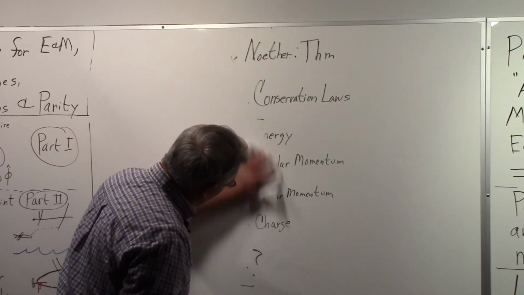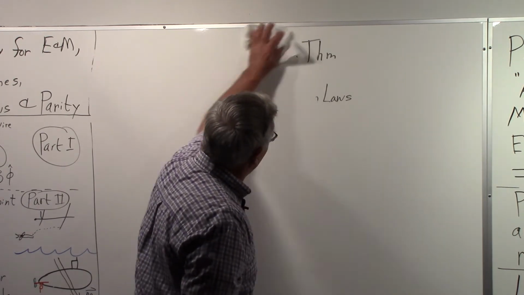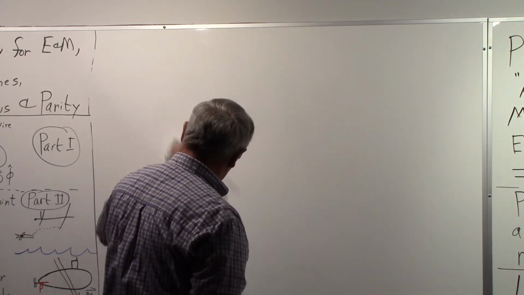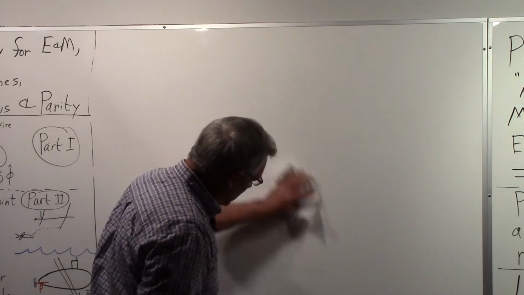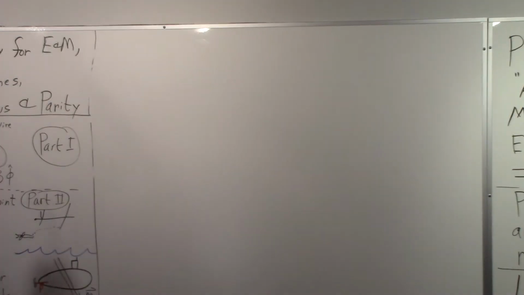So once again, there are a number of things that are conserved, and a very interesting question was asked about parity in weak interactions. It was truly a remarkable experiment on the part of Wu to get the results that she did.